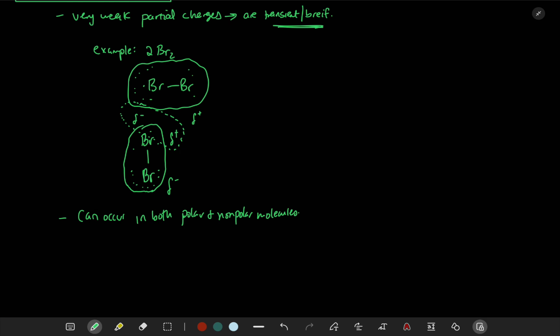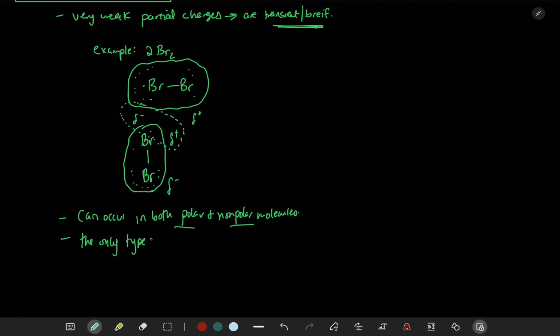Because it just has to do with the random distribution of electrons at a given moment in time. But the important thing is that it can happen in both polar and nonpolar molecules. But with respect to van der Waals forces, they are the only type of intermolecular forces found in nonpolar molecules.